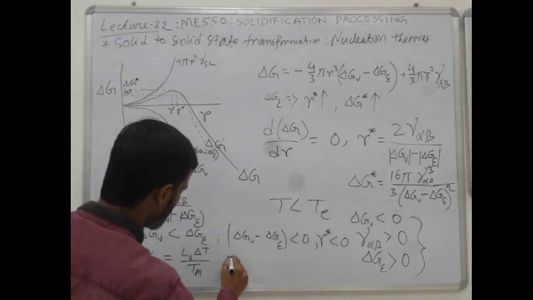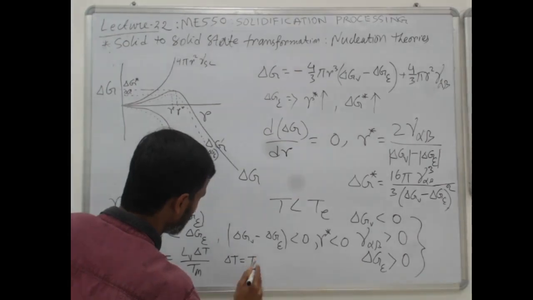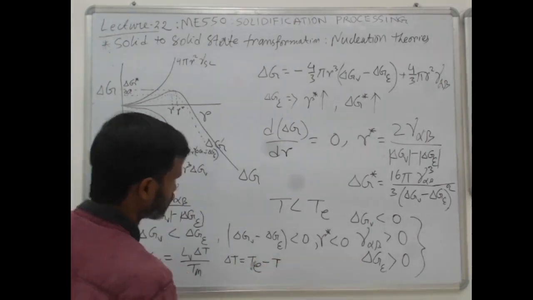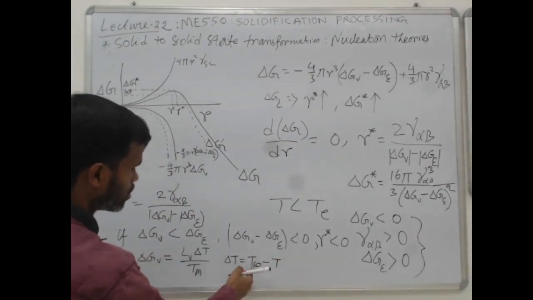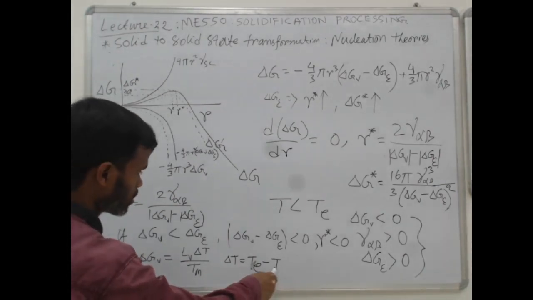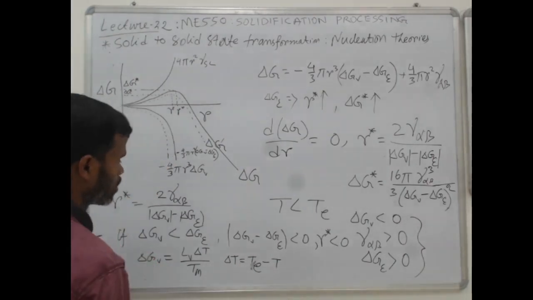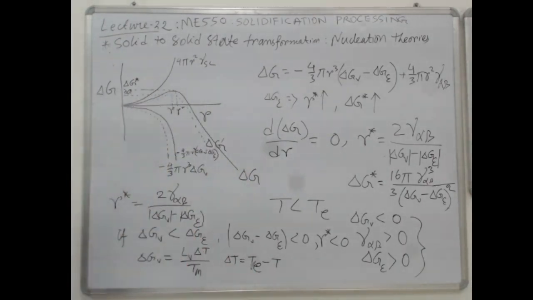When you write delta T, which is undercooling, delta T is TE minus T, the equilibrium transition temperature minus the transformation temperature. It will be less than this, so we get a positive. You need to be careful when you use them in the equation.